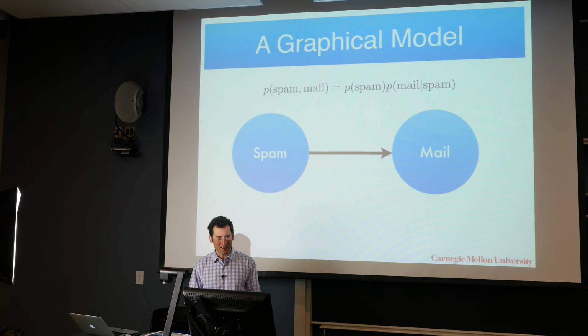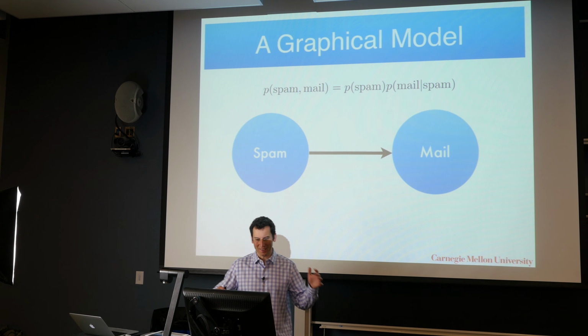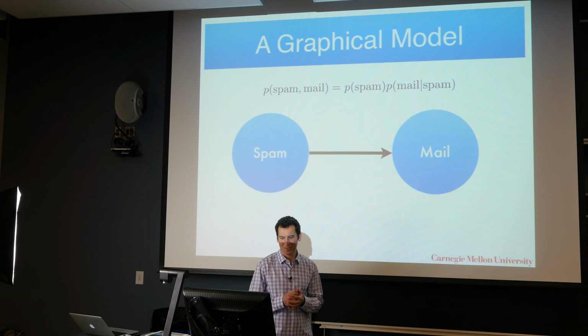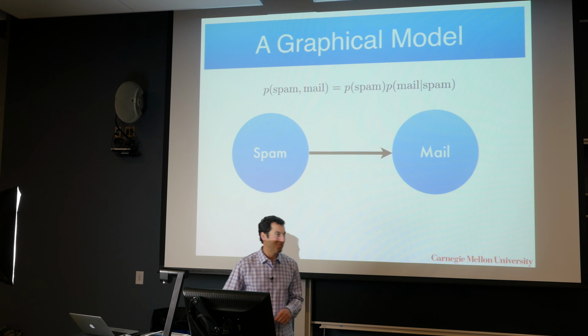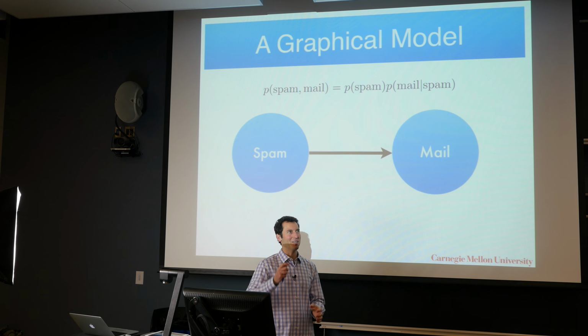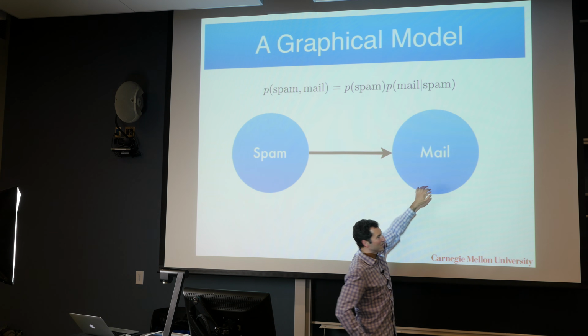So, basically, let's suppose that there is, somewhere in the universe, a God that decides, well, I'm going to send you spam or ham. Okay. And so that God goes and tosses a coin and decides, oh, okay, I'm going to send you spam. And then it generates a mail.